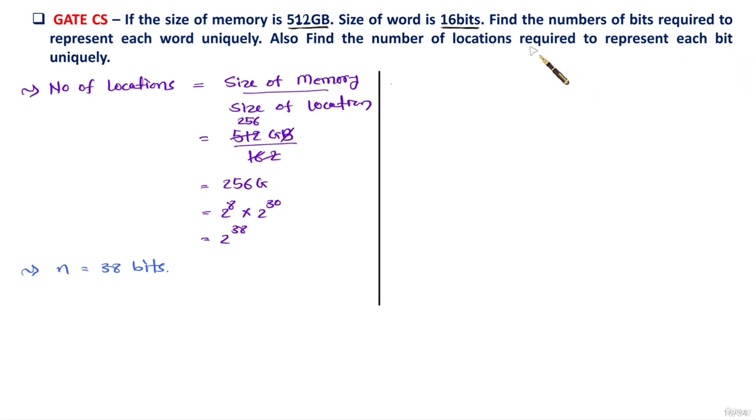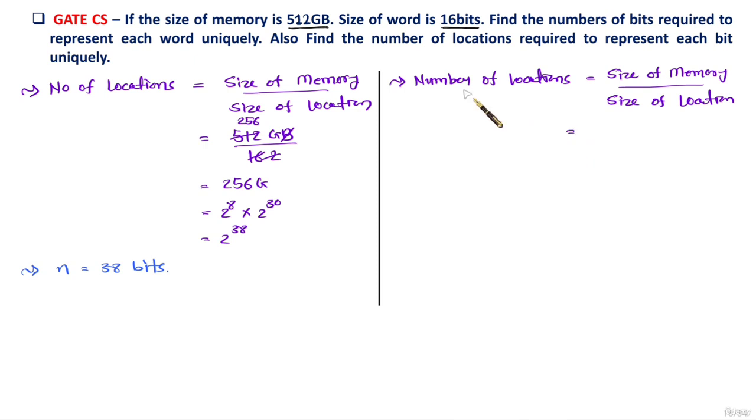So number of locations will be size of memory divided by size of location. So here size of memory is 512 GB and size of location is 1 bit only, right? Each bit means 1 bit. So here I need to divide by 1.